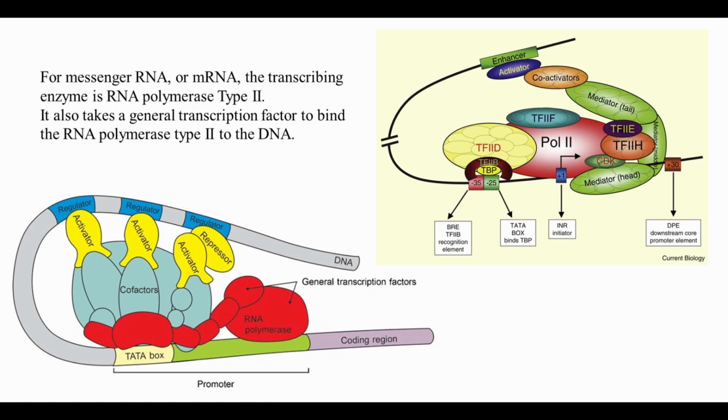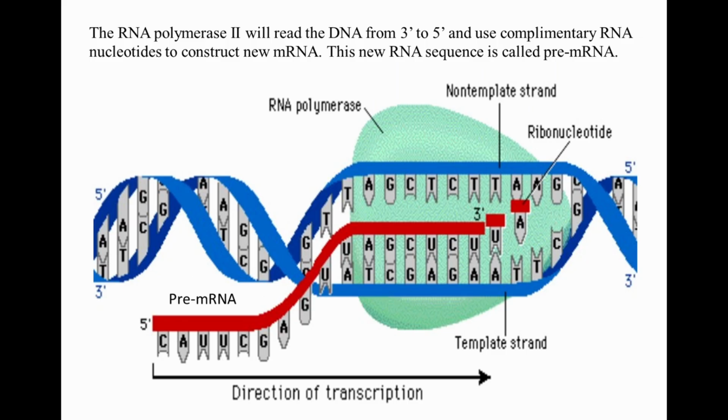For messenger RNA, or mRNA, the transcribing enzyme is RNA polymerase type 2. It also takes a general transcription factor to bind the RNA polymerase type 2 to the DNA. The RNA polymerase 2 will read the DNA from 3' to 5' and use complementary RNA nucleotides to construct new mRNA.